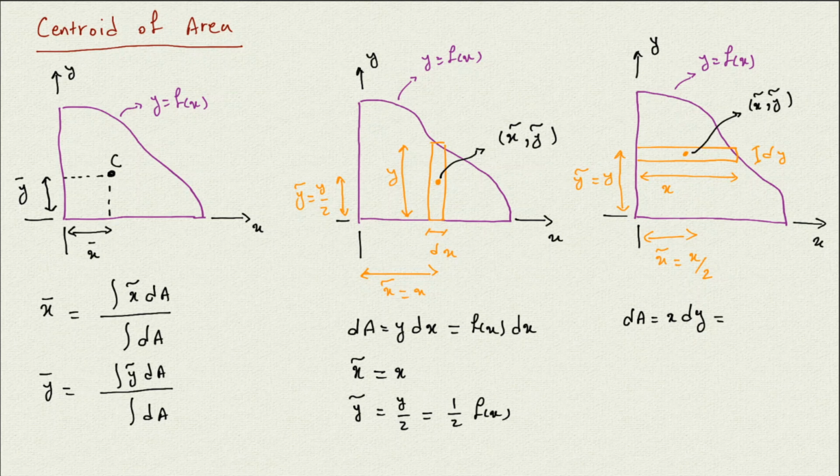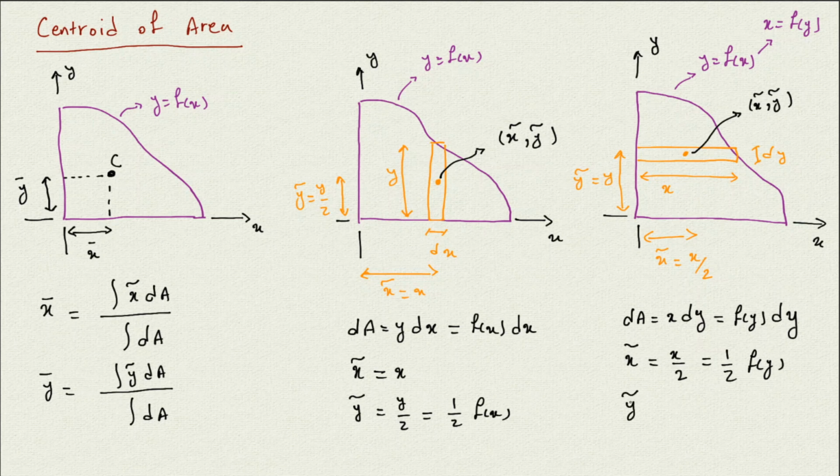So I have to find this equation and rewrite it so that I get x as a function of y, and then replace x with that function of y, and then I have dy. Then the distance of the center of the element in the x direction is going to be half of x, which is half of that f(y) that we calculated.